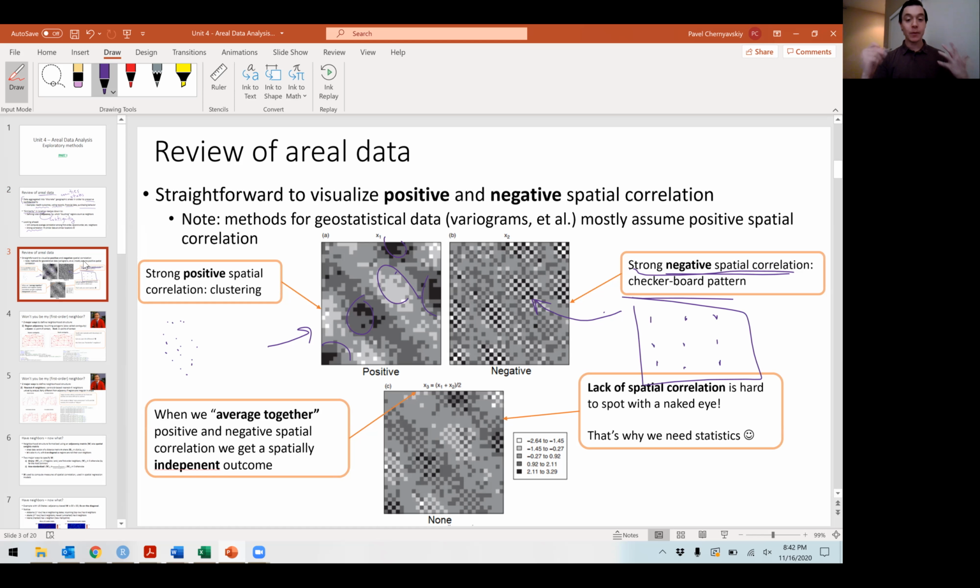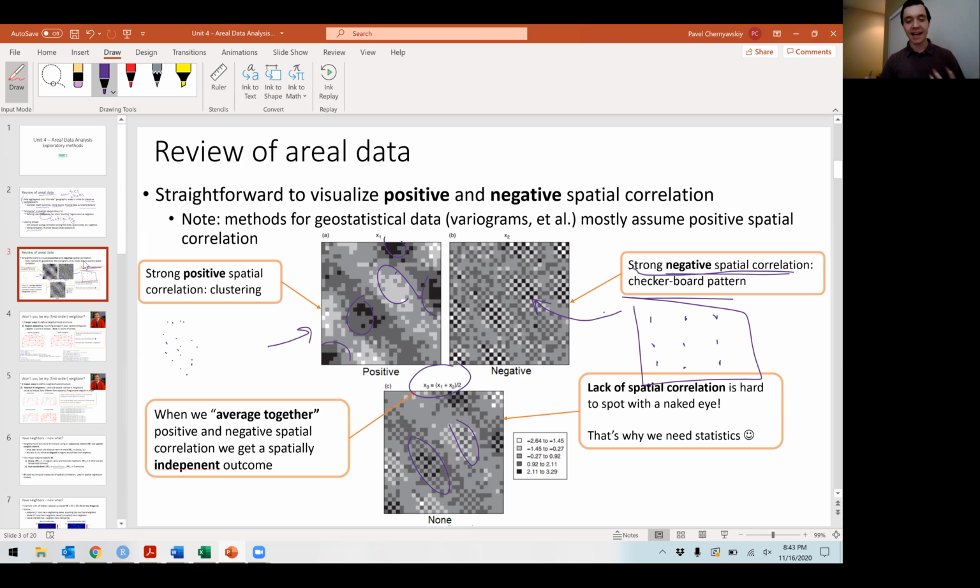Now, independence, you can think of as taking something that is clustered and taking something that is inversely correlated and averaging the two things together. And that's actually what we do here. This is a figure out of a paper or a textbook. So when we average the things together, we see that there are areas where it looks like there might be positive correlation, and some areas look like there's maybe negative autocorrelation.